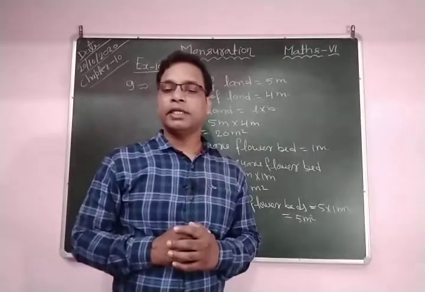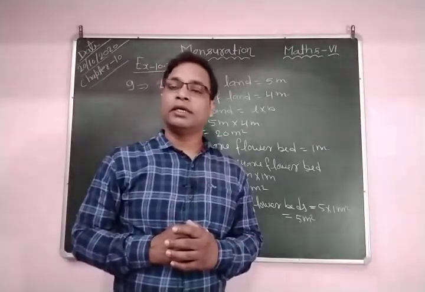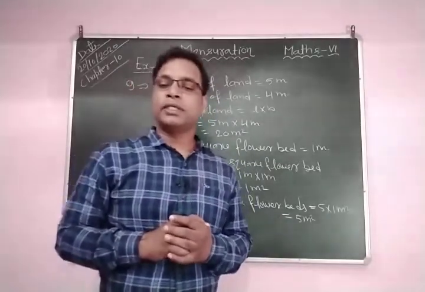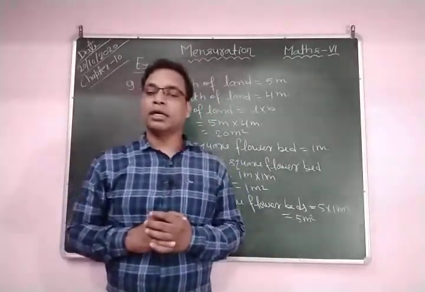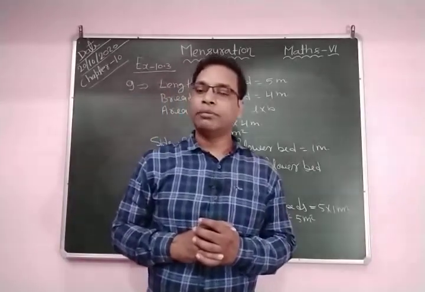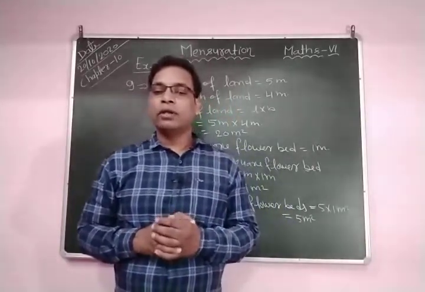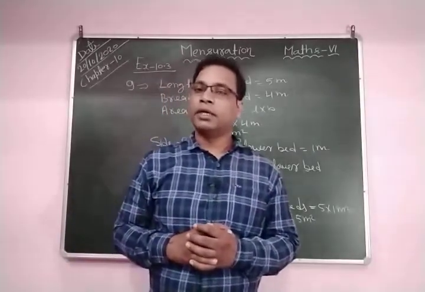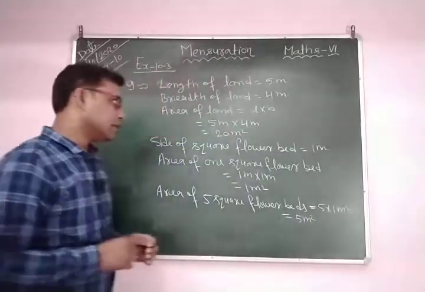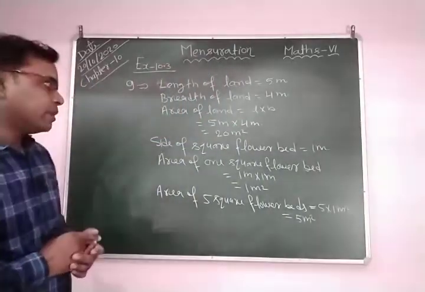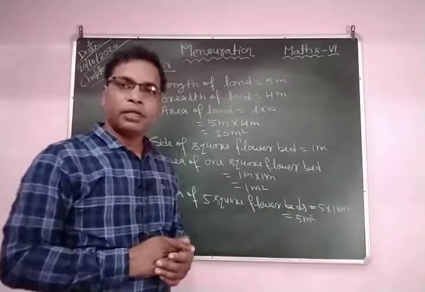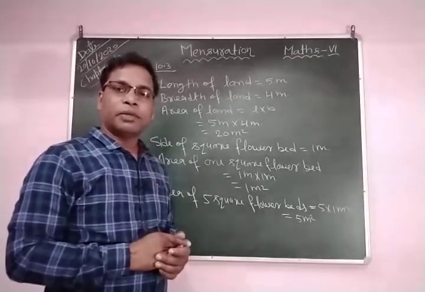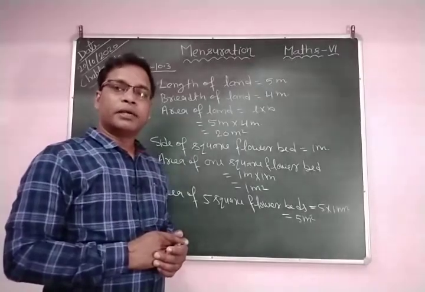Okay, what is the area of the remaining part of land? In this question it is given that 5 square flower beds, each of side 1 meter, are dug on a piece of land 5 meter long and 4 meter wide. So we need to find the area of the remaining part of land. We subtract the area of 5 flower beds from the area of land.